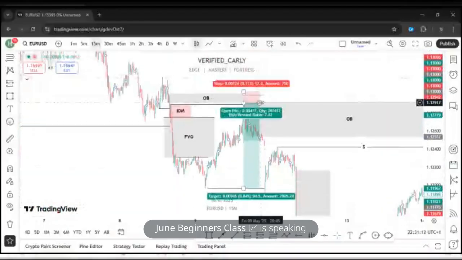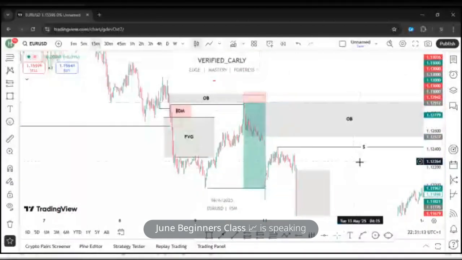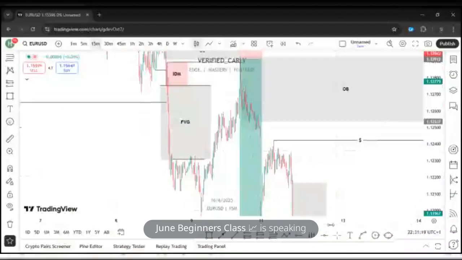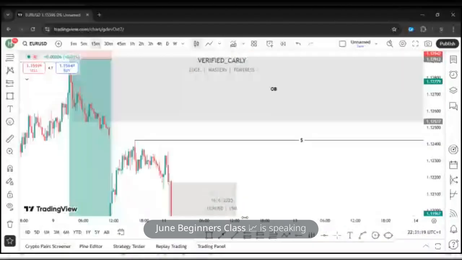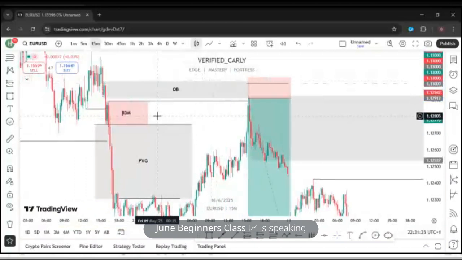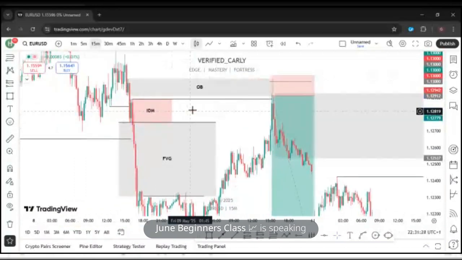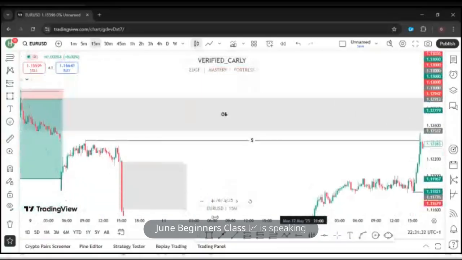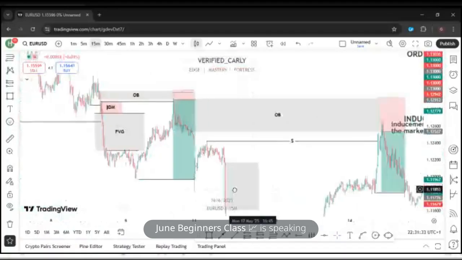If you notice, price went down, came and hit it over here, so you hit your take profit. So this is an example of mixing both an order block and liquidity. And this is also another example which I showed you guys.